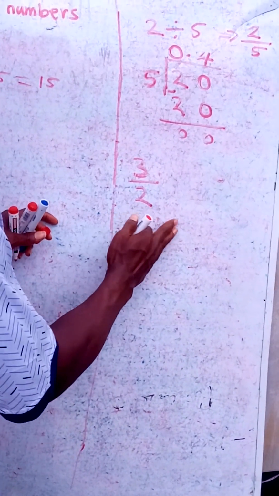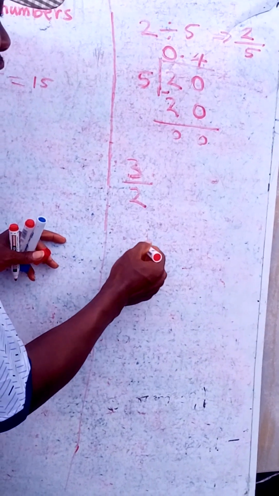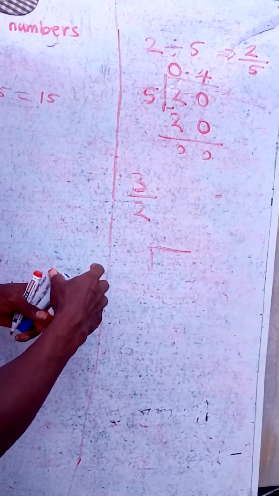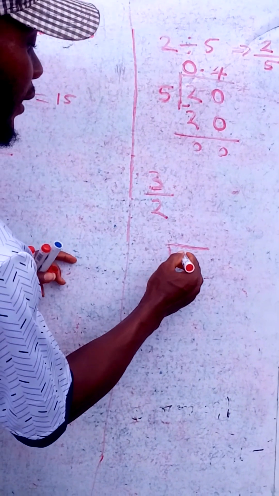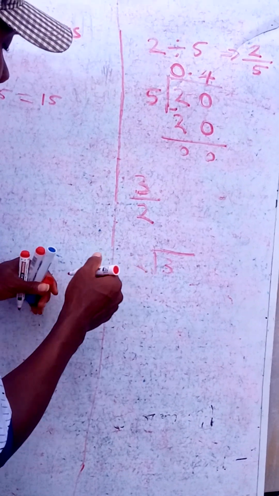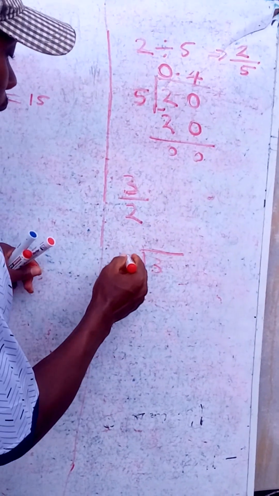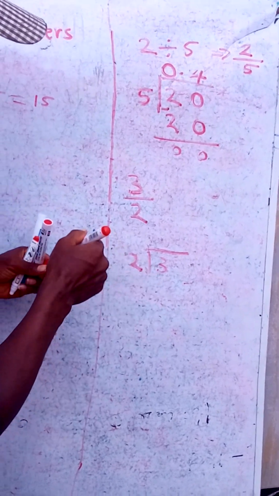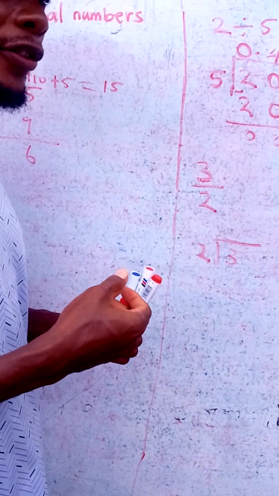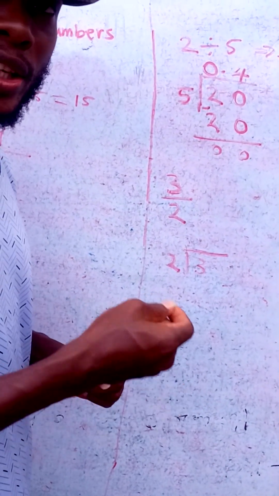Okay, 3 divided by 2 means we are giving 3 oranges to 2 people. So we'll place the diagram like this, and we'll write the 3 inside and write 2 outside. If you give 3 oranges to 2 people, how many will each take?